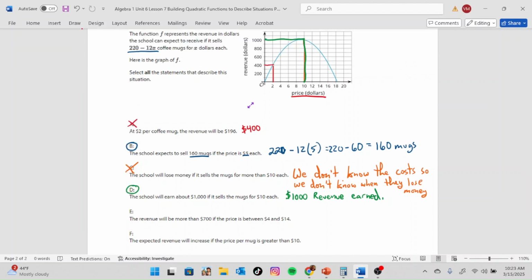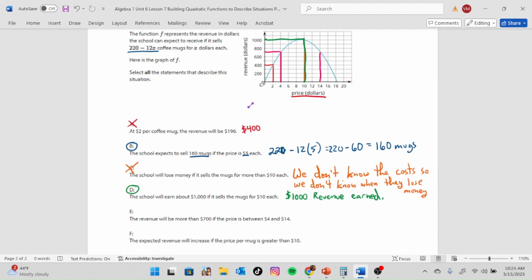Choice E. The revenue will be more than $700 if the price is between $4 and $14. So we go to where it's $4. We go up until we hit the line. We look left, and it looks like it's right about $700. We go over to 14.